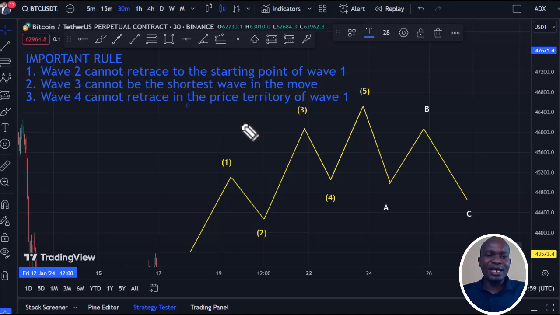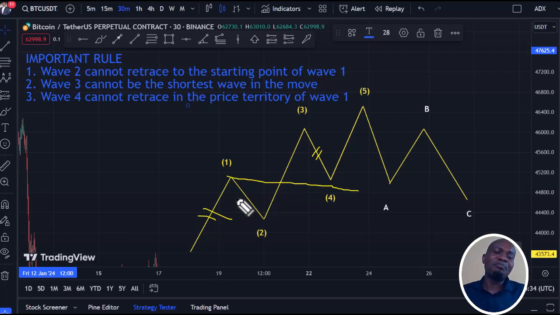The second rule states that wave 3, which is this, cannot be the shortest wave in the move. So if you compare this wave, this and this, wave 3 cannot be the shortest wave in the move. And the final rule says wave 4, which is this, cannot retrace into the price territory of wave 1. So you cannot retrace to the price territory of wave 1. All right, so this is just the complete rule.